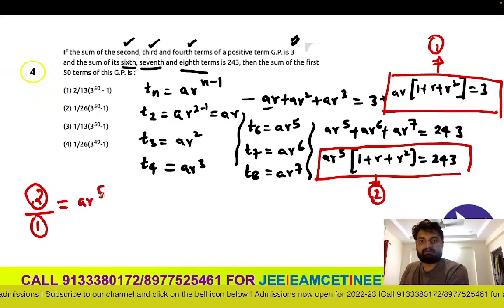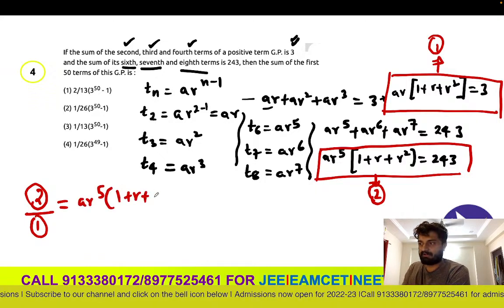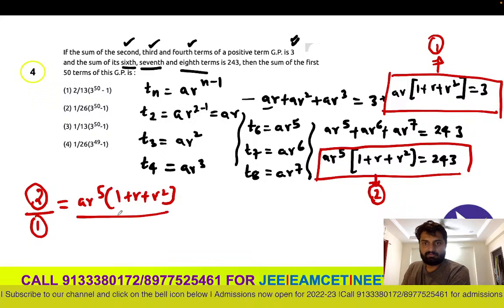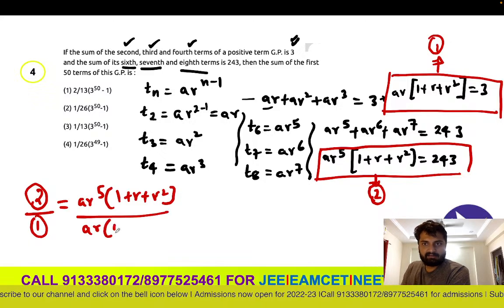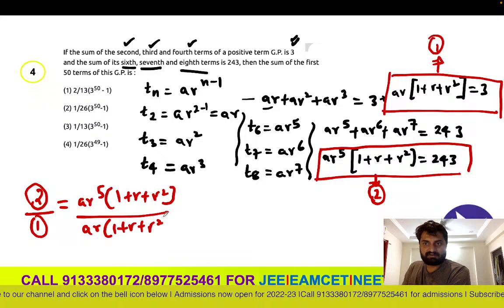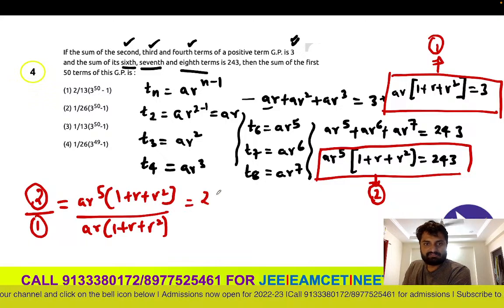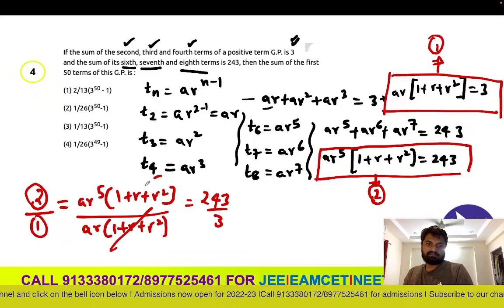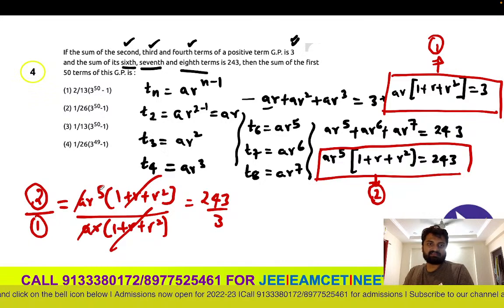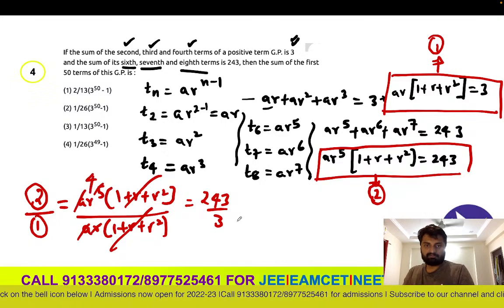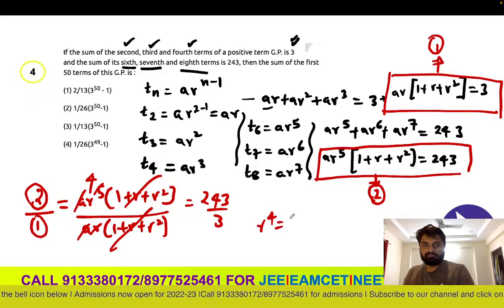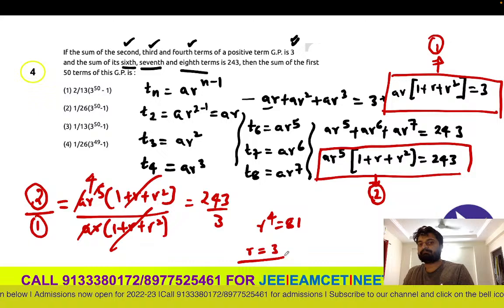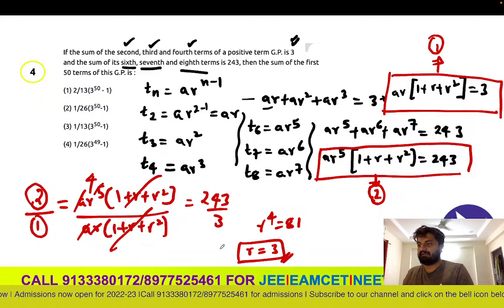So AR power 5, 1 plus R square whole divided by AR into 1 plus R square is 243 by 3. Cancel, cancel, cancel. This is power 4. So R power 4 is 81. R will become 3 because 3 power 4 is 81.